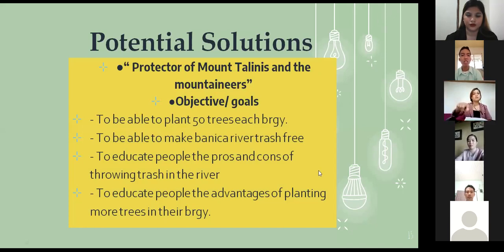The potential solution to the natural calamity: we have our organization, the Protectors of the Mountains and the Mountaineers. Next is to plant 50 trees in each barangay to prevent landslides and flash floods, to make the Banica River trash free, to educate people on the pros and cons of throwing trash in the river, and on the advantages of planting more trees in the barangay.